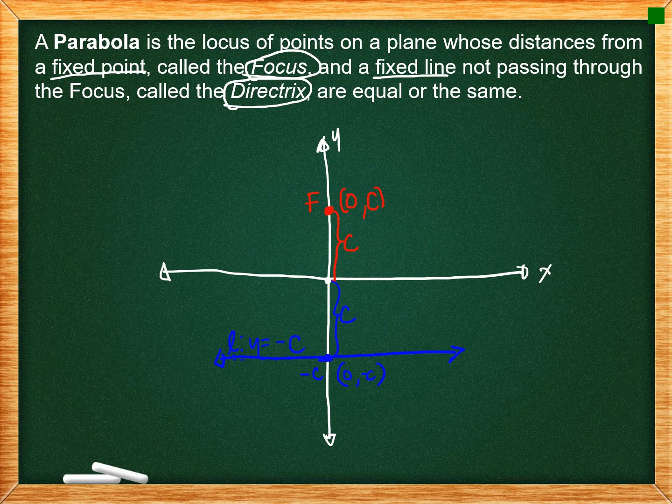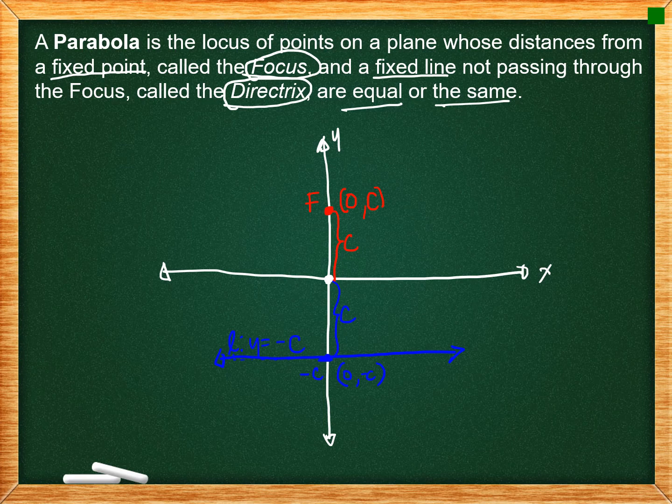Therefore, we can say that the origin lies on the parabola, because the condition is that it's the locus of points on a plane whose distances from the fixed point and from the fixed line are equal or the same. Therefore, this point is obviously on the parabola.